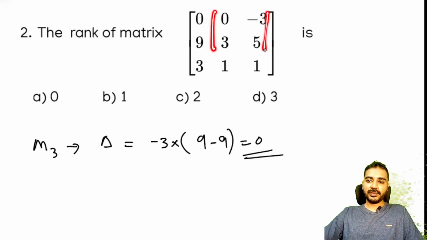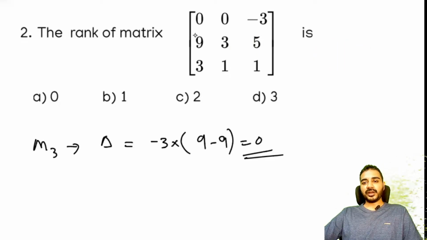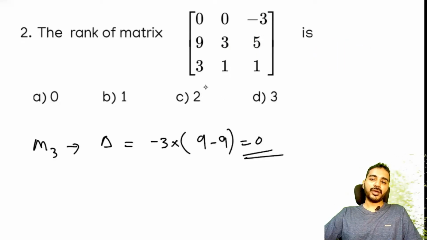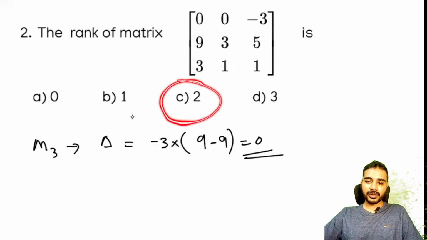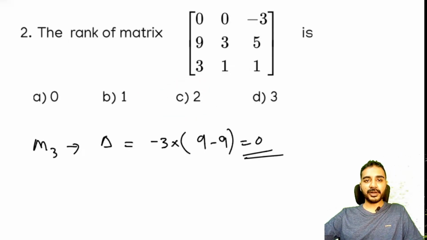If I consider this one, 0 into 5 is 0, minus of 3 into minus 3, which is giving determinant value as 9, which is a non-zero value. So we are getting a non-zero value for minor of order 2 here. So the rank of matrix is nothing but 2.